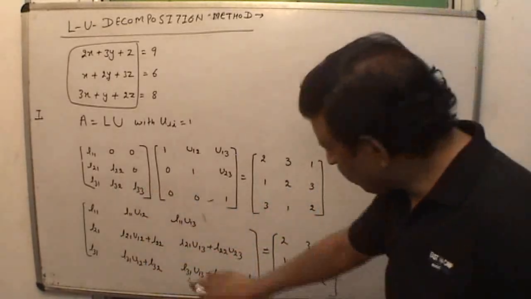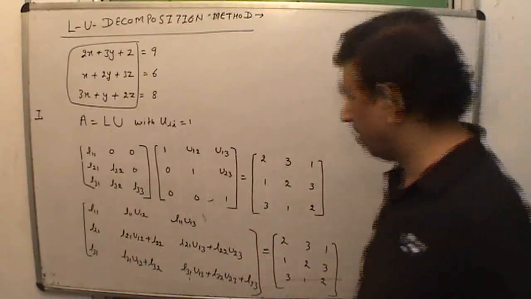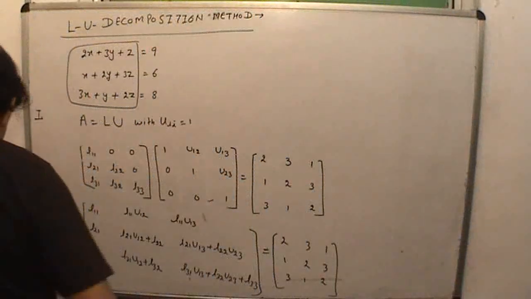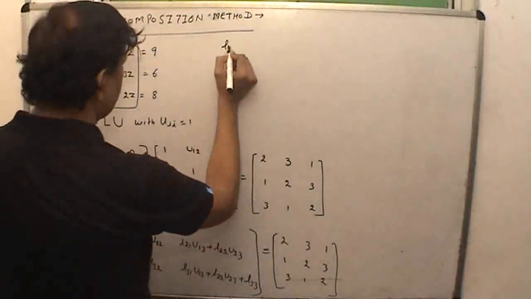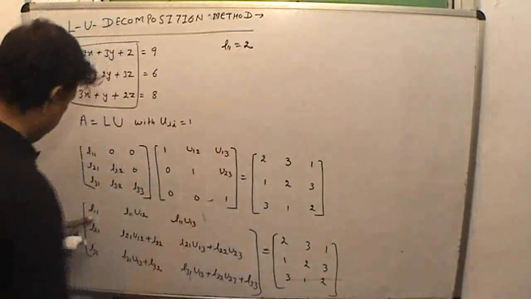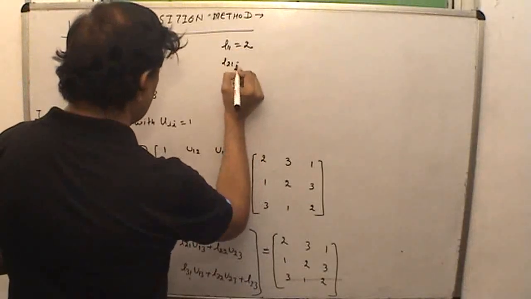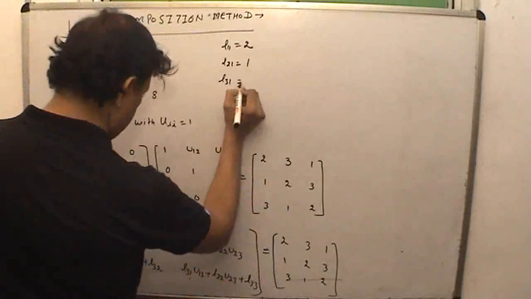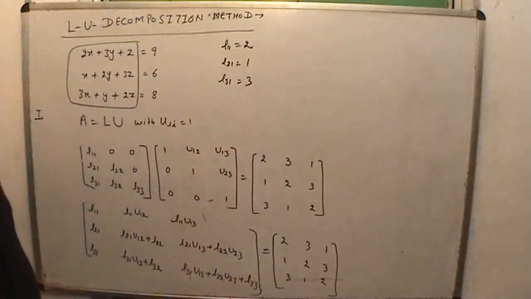We know two matrices are equal if their corresponding elements are equal. It means from here we can find that L11 is equal to 2, L21 is equal to 1, and L31 is equal to 3.